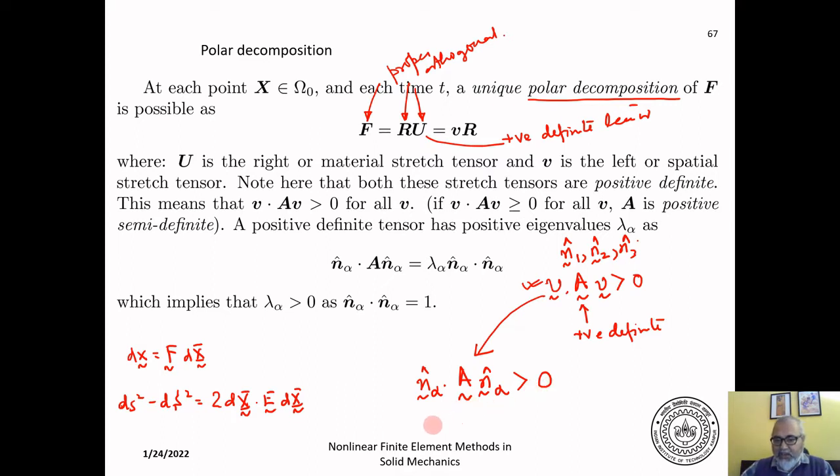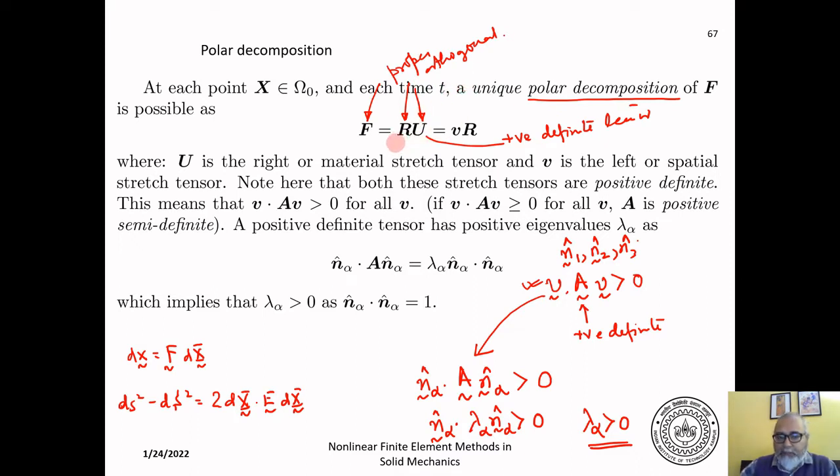But A n alpha hat is lambda alpha n alpha hat, and n alpha hat dot n alpha hat is 1 because these are orthonormalized eigenvectors. Therefore, lambda alpha has to be always greater than 0, which applies for any alpha. Therefore, all the eigenvalues of a positive definite matrix are positive. So strictly positive, not even 0.